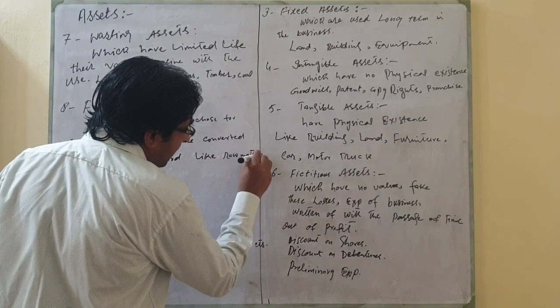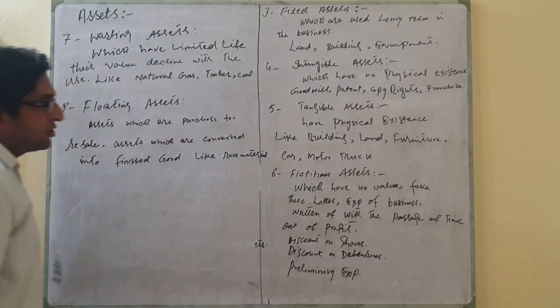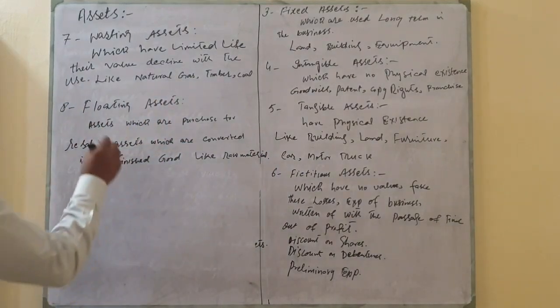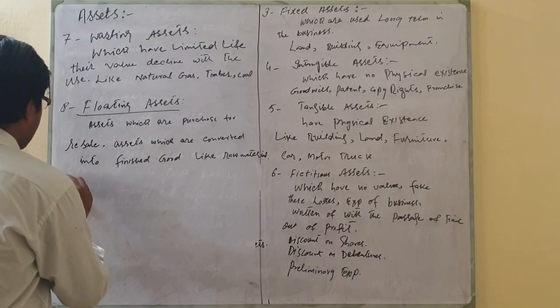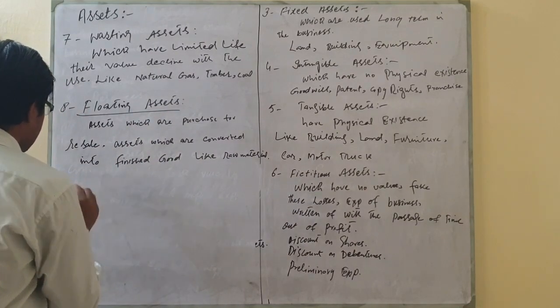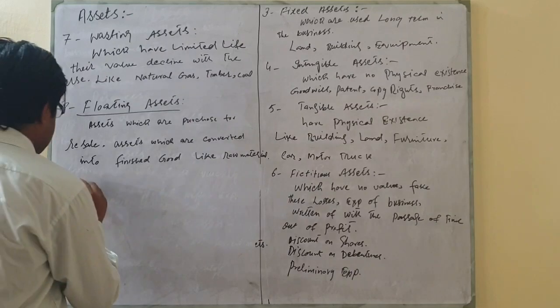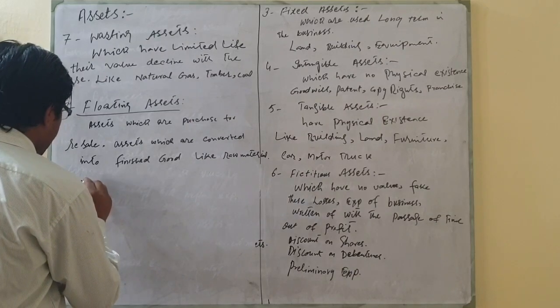We purchase raw material to make finished goods. So this is called a floating asset. Now we move toward another category, that is operating assets.